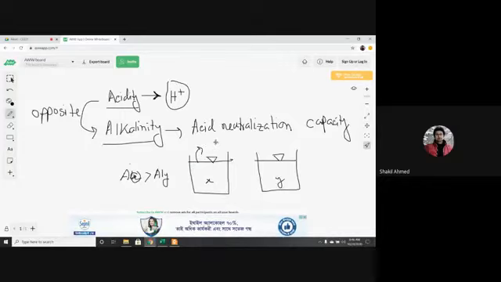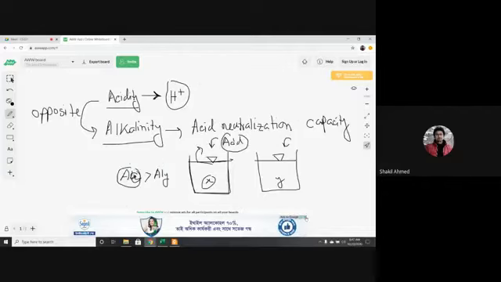That means if you put the same amount of acid here and here, this will have greater power to neutralize. Neutralize means to deactivate the acid, that means to absorb hydrogen ion. Which one has the greater capacity? X, because alkalinity of X is greater than alkalinity of Y.